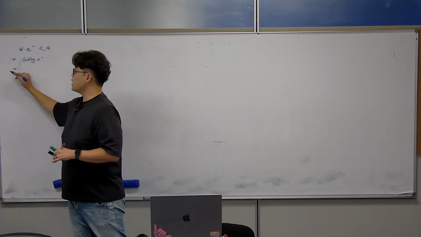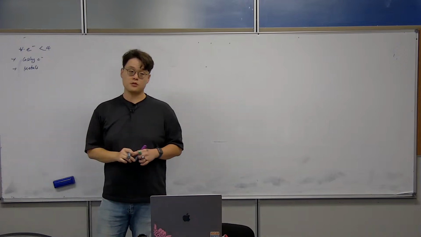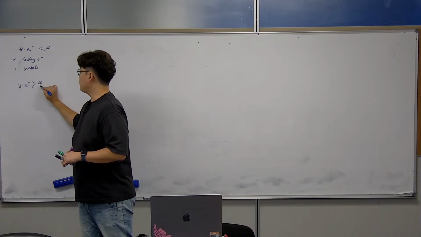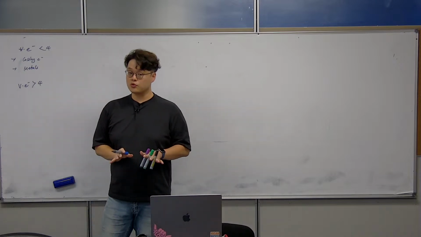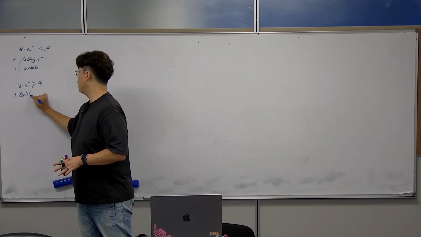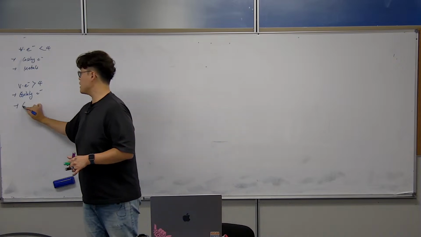This is categorized as what we know as a metal in chemistry. Now, when the valence electron count is greater than 4, let's skip the equals to 4, they have a tendency of gaining electrons, and they would be categorized as non-metals.